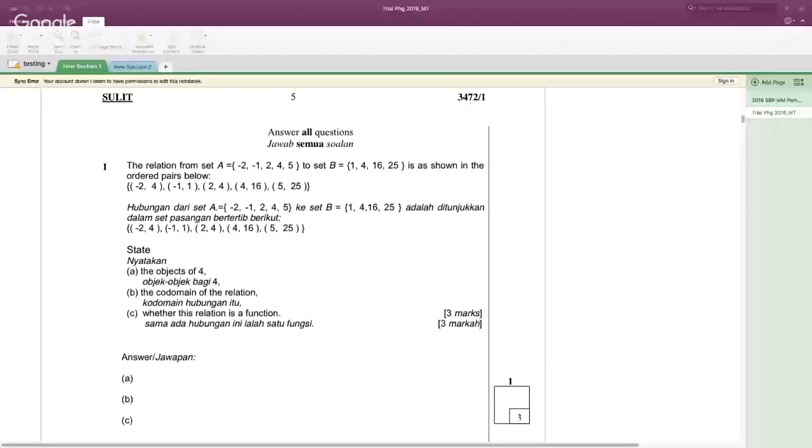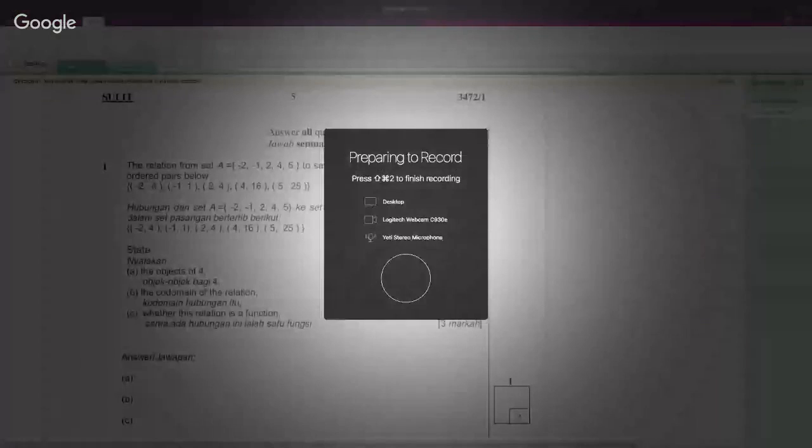So okay, we will start the class. First thing, I will share the question with you. I hope all of you can see the question. And then as usual, I will start my screen recording. Yeah, so the class will actually start in 5 seconds.